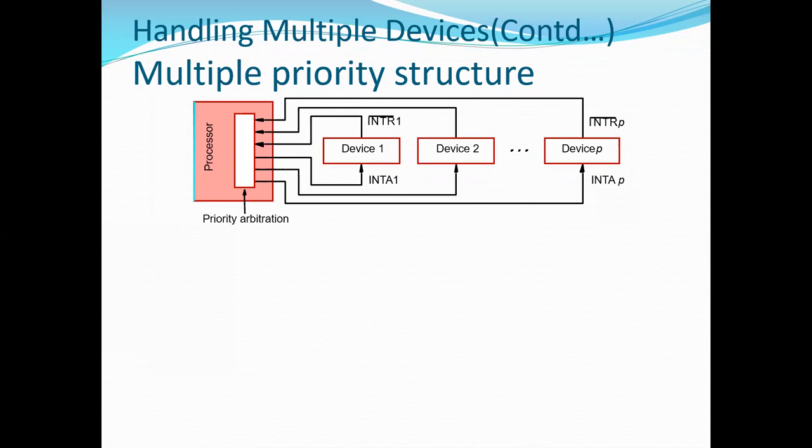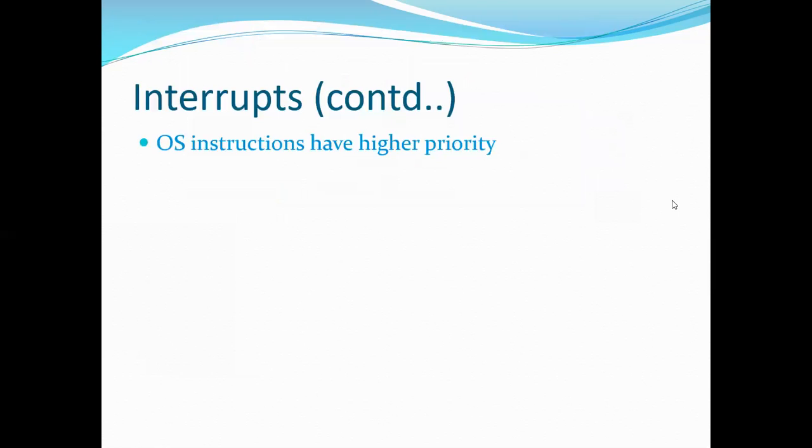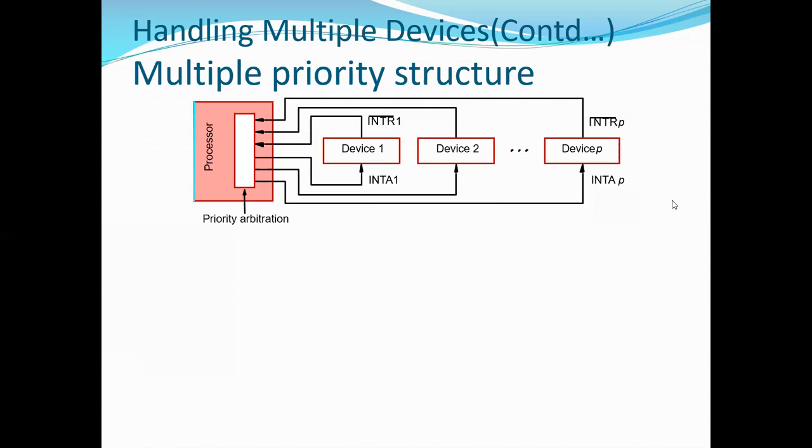Now, this is the particular structure which you see for multiple priority. That is, if there are interrupts from different devices of multiple priority, how is the interrupt request sent and how is the acknowledgement sent?